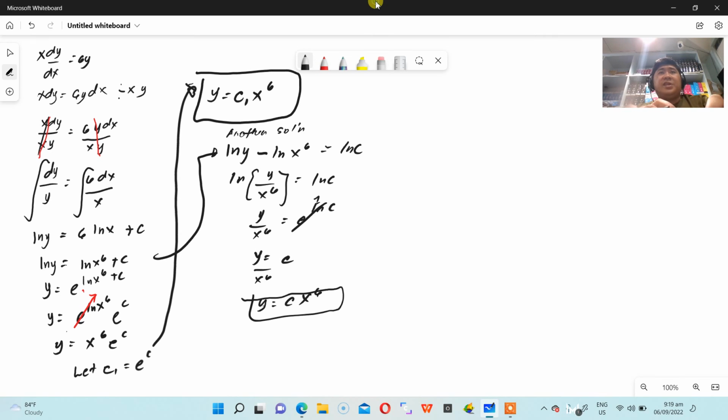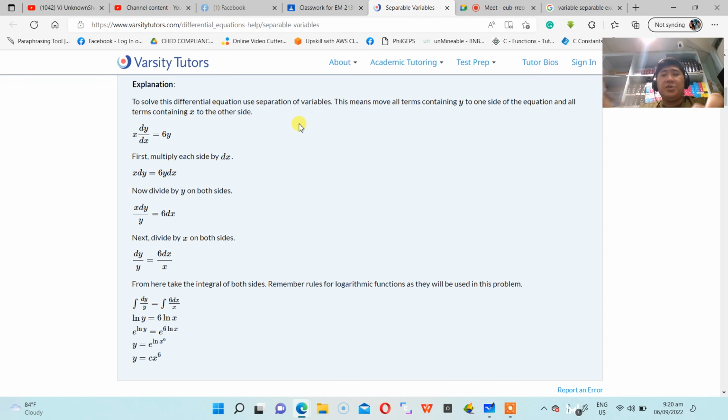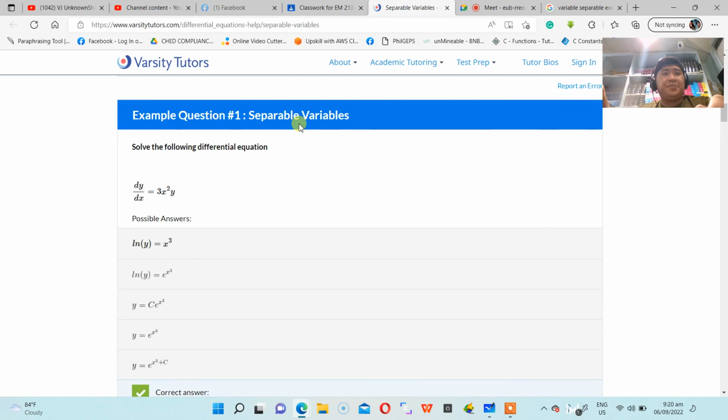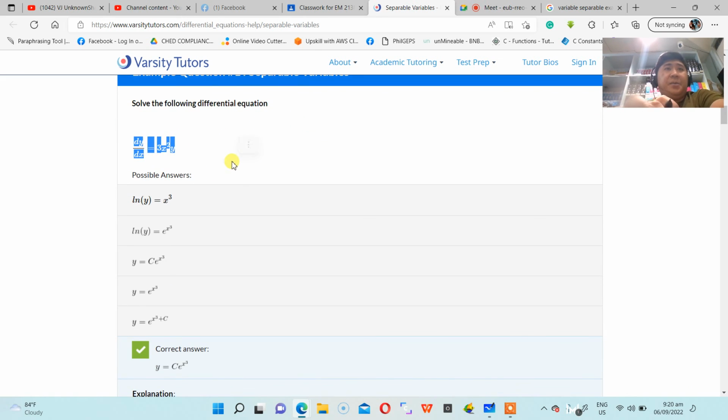Next, let's try another example. Since there's no question, I assume you understand. So, let's continue. In this case, the problem is like this. It's still simple. It just has a power. The answer is an exponential function with the power of x with an exponent of 3.